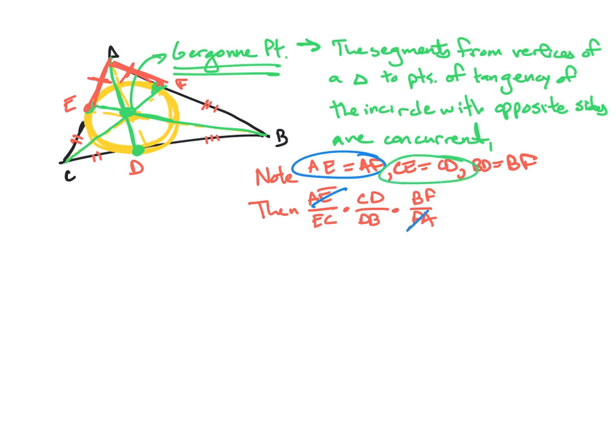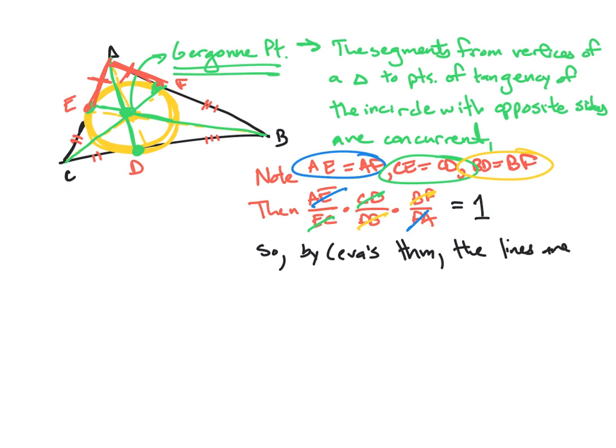CE equals CD. CE is the same as EC. And BD equals BF. So we get all these cancellations, and this just equals 1. So by Ceva's theorem, the lines are concurrent.